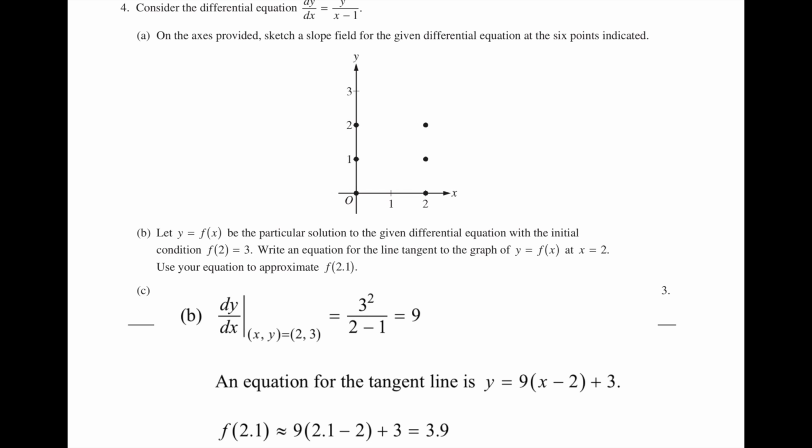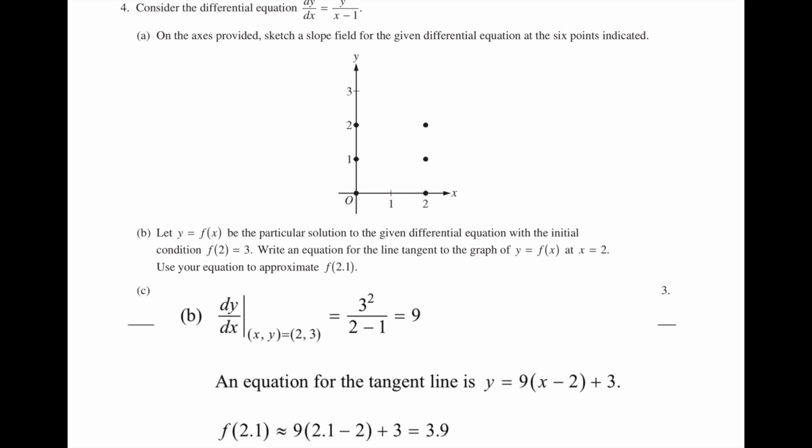First, in order to find the tangent line equation, we need the slope. To find the slope, we need to use the formula at the beginning of the question. We have x equals 2, y equals 3. So 3 squared over 2 minus 1, we get 9. Then we use y minus y1 equals m times x minus x1.